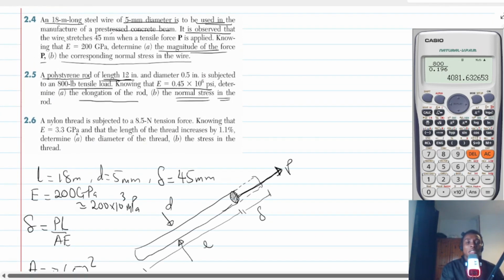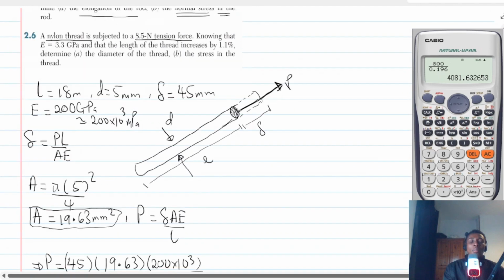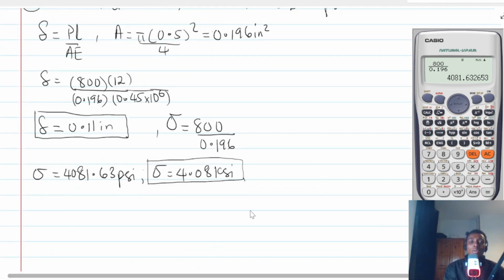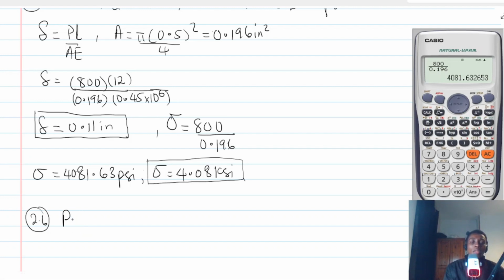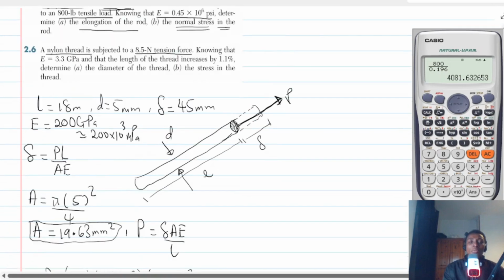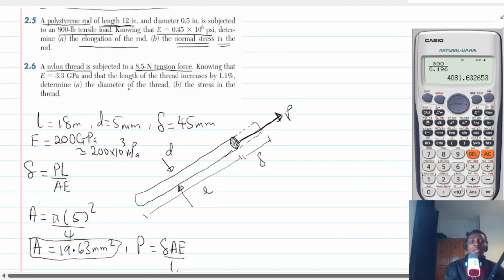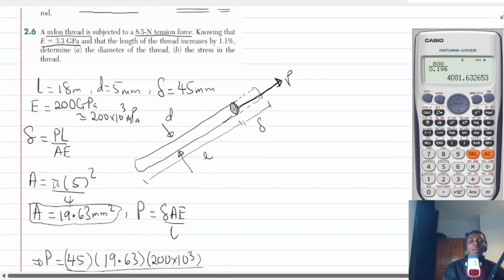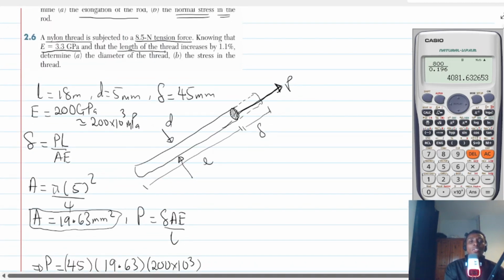The last problem in this set: a nylon thread is subjected to 8.5 Newton tension force. So again, the load is 8.5 newtons, and then Young's modulus is 3.3 GPa, which is gigapascal, and then the length of the thread increases by 1.1%.